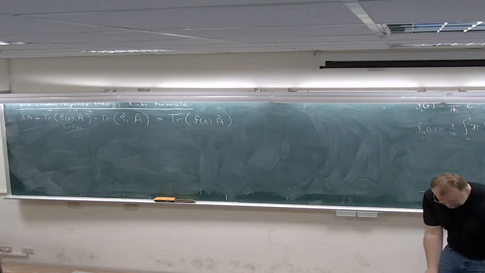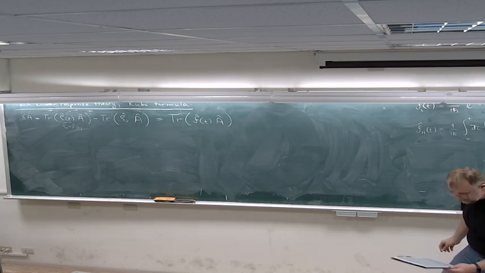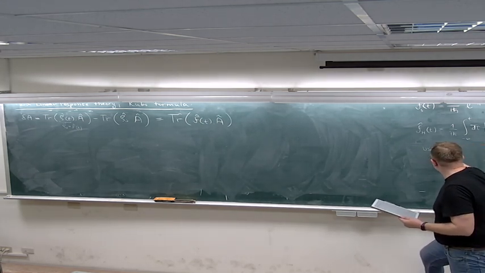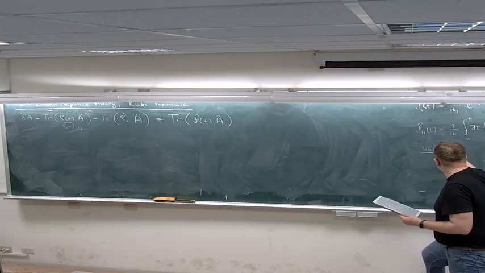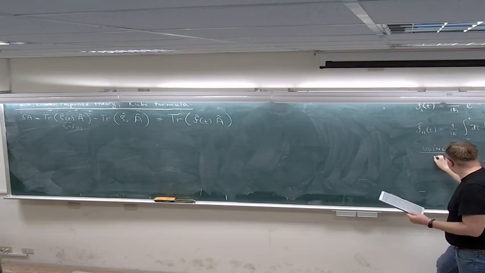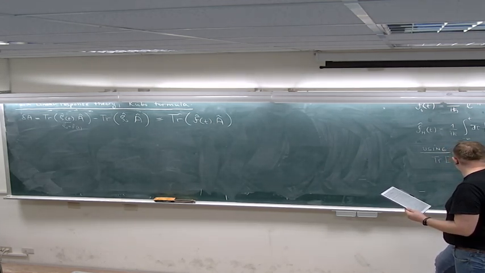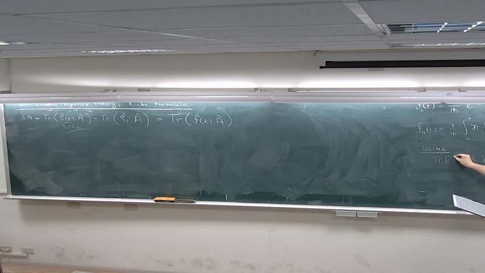You're going to have to know it, but just to have them. I'm using the property that if you are under the trace, you can always make a cyclic permutation. If you have any operators under the trace, this is the same as the trace of CAB.